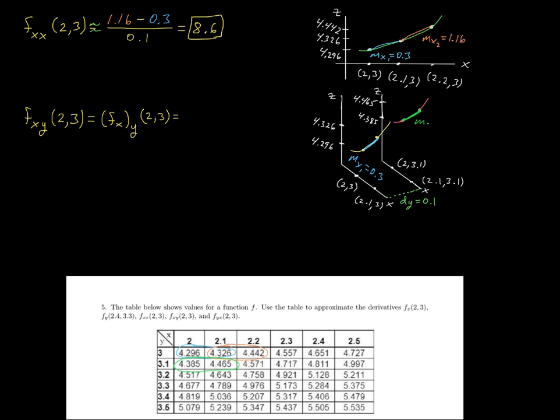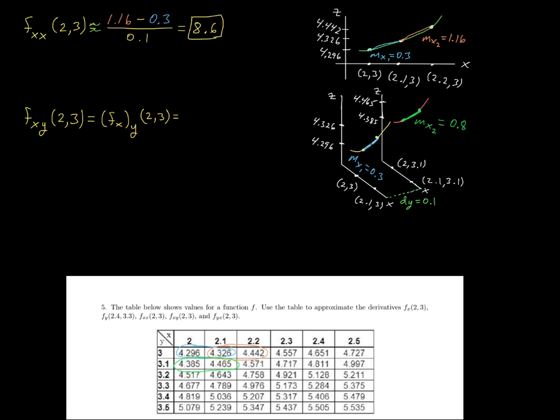I'll call this mx2. I'll let you verify. If you take the difference in these z heights and divide by the run of 0.1, it turns out you get 0.8.